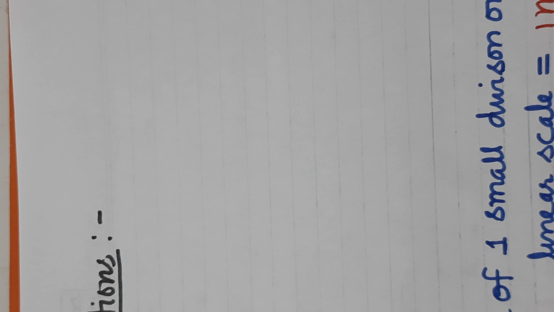So when you will add this and divide by 3, what will you get? 3.7 plus 3.5 plus 3.6 divided by 3. So how much will it come out? 3 and 3, 9; 7 and 5, 12; and 18. So that is 10.8 upon 3. So it will be 3.6 centimeter. It is the mean distance between the legs.